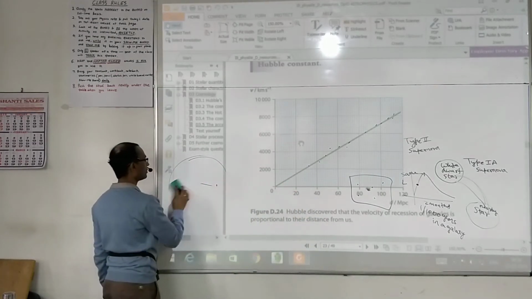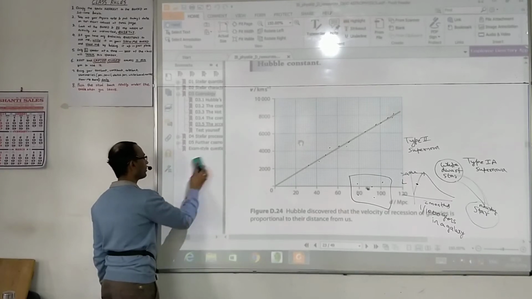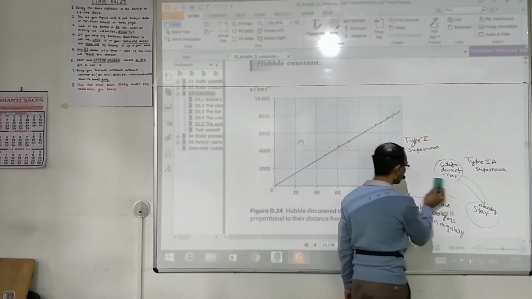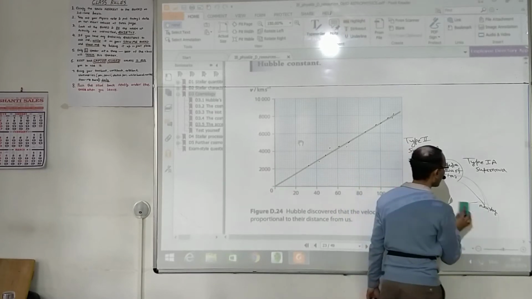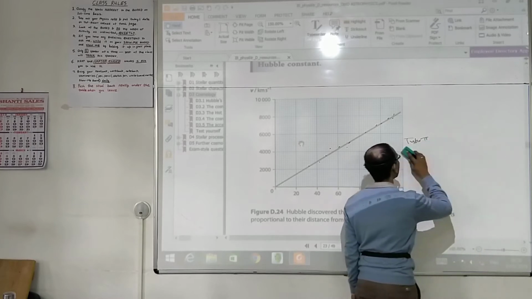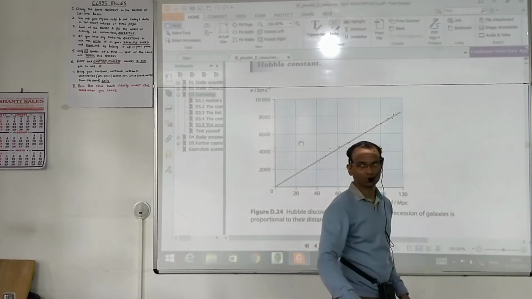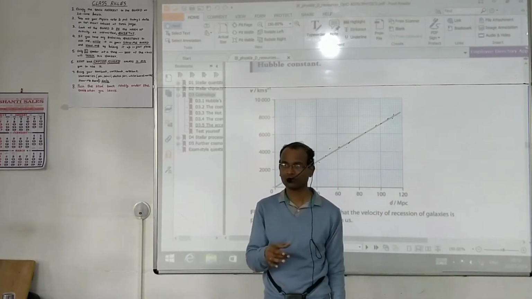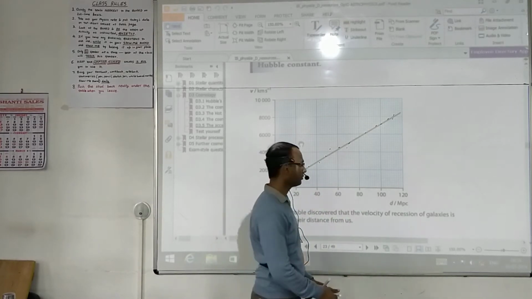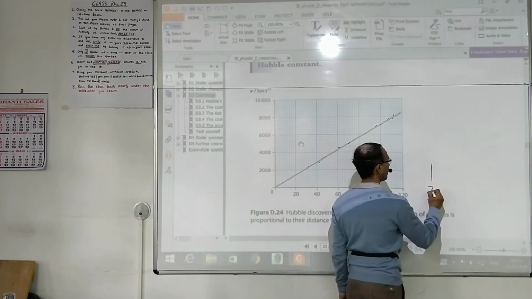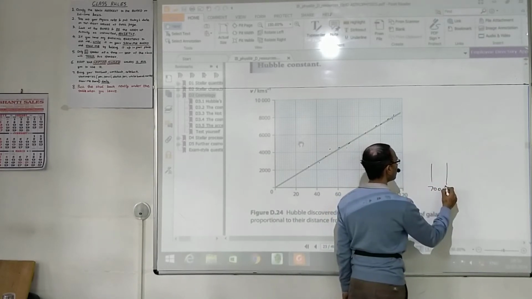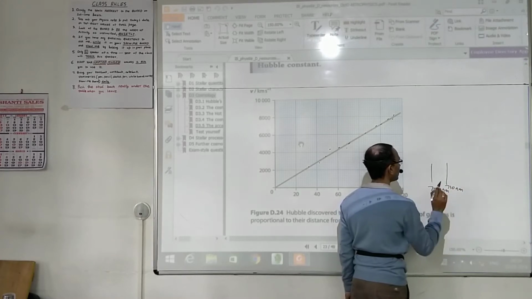So from that supernova, light is coming to the Earth. If you look at the spectrum of that light, you will identify that the wavelengths, the typical spectral lines, whose wavelengths you know by the relative position, are all shifted towards the red side. So if a line is supposed to be, say, 700 nanometer, it appears to be shifted to, let us say, 710 nanometer.